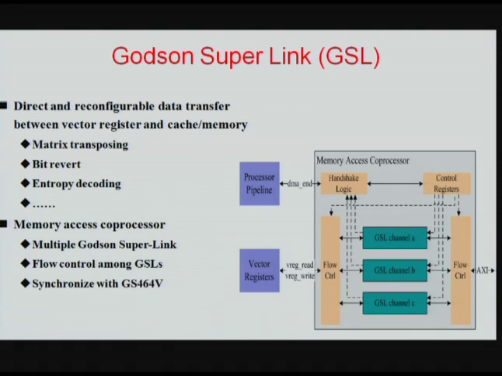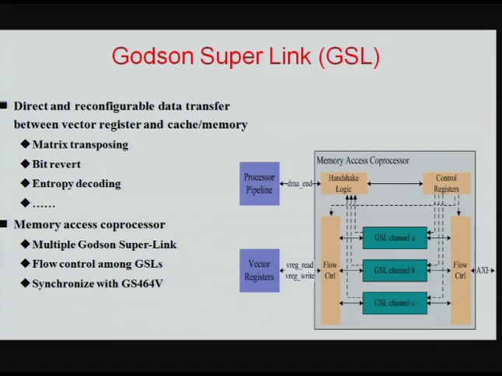We can do bit reversal for FFT, for DSP on the way. We can also do entropy decoding on the way. So with this Godson super link, we have a memory access coprocessor. It does flow control along Godson super links and synchronizes with the computation unit.